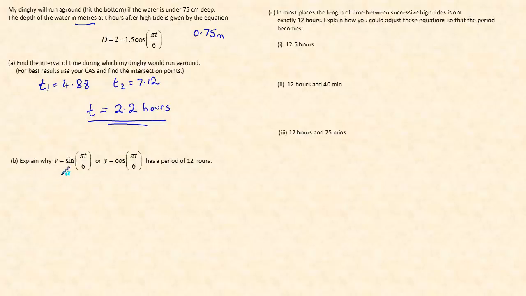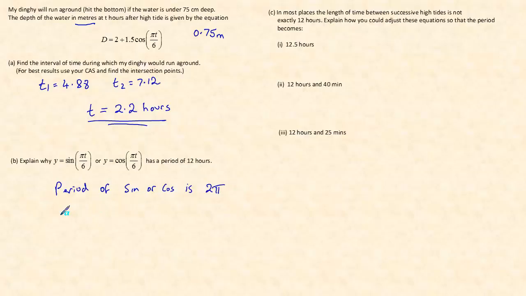Explain why sine of pi t over 6 or cos of pi t over 6 has a period of 12 hours. We know the period of the standard sine or cos is 2 pi.